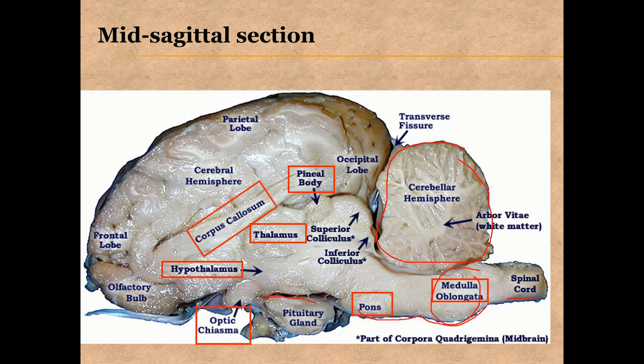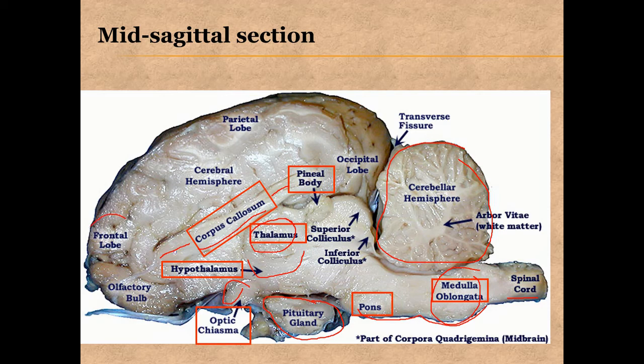And see, the pituitary gland just kind of hangs down. Optic chiasm, the hypothalamus, which kind of goes like that, and the thalamus, the corpus callosum is this white portion right here.